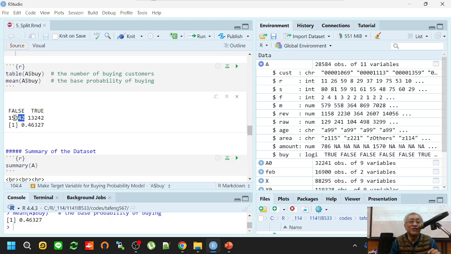And this many customers do not buy, okay? And so the average buying probability for these entire 2A5A4 customers is about 46%, right?